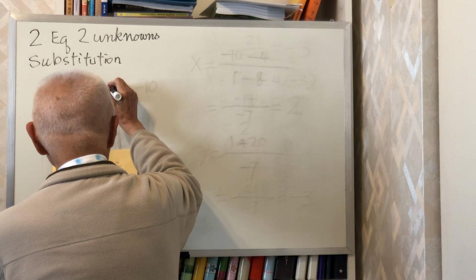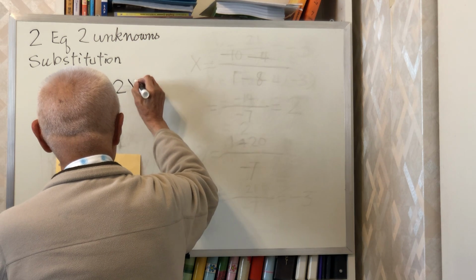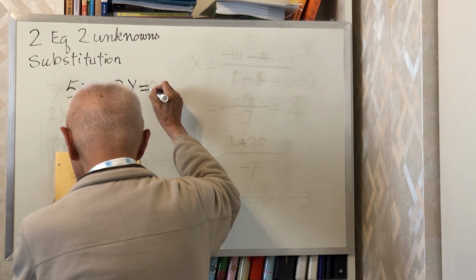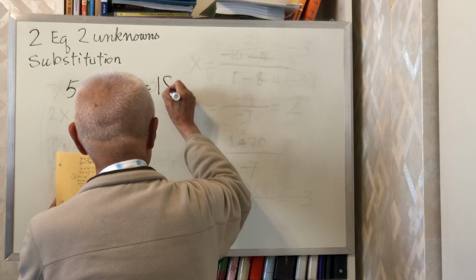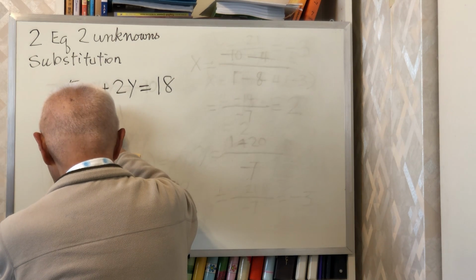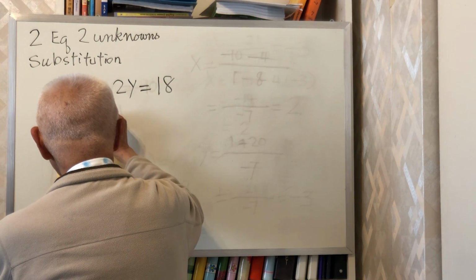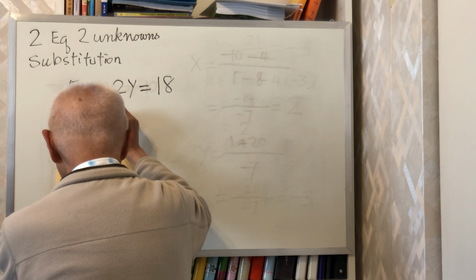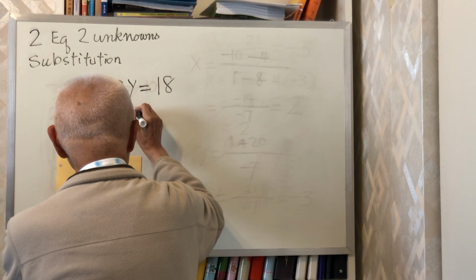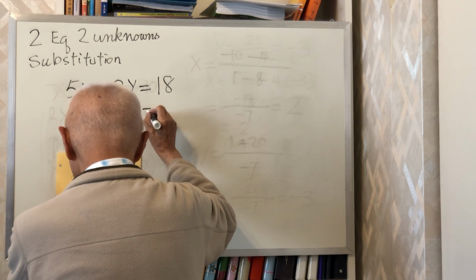5x plus 2y equals 18. 2x plus 3y equals 16.